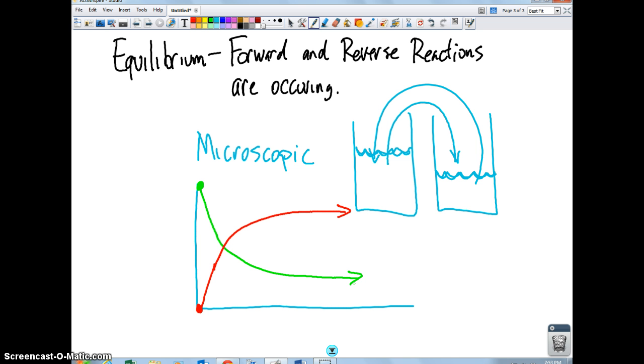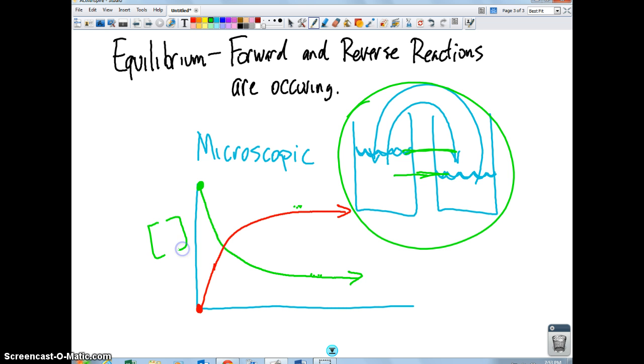At that point, we understand that these products are forming at the same rate that these reactants are going away. So remember, just like in this picture of these beakers, just because the quantities are not the same does not mean that these are not at equilibrium. That's exactly what we're seeing here.